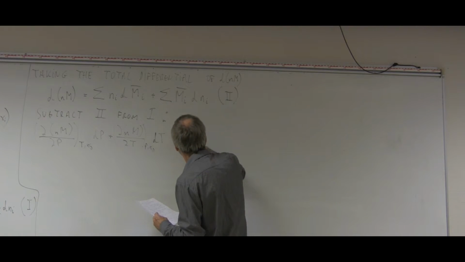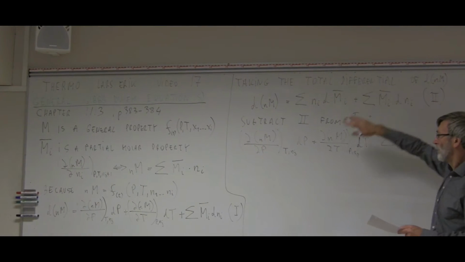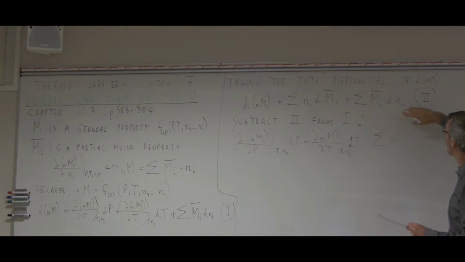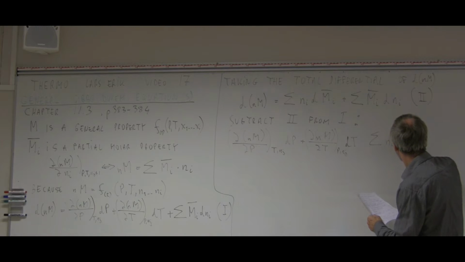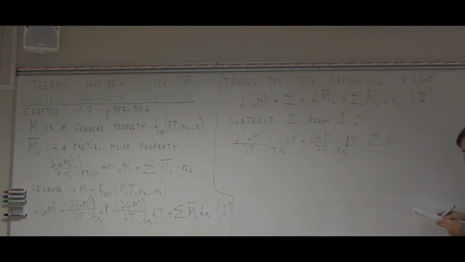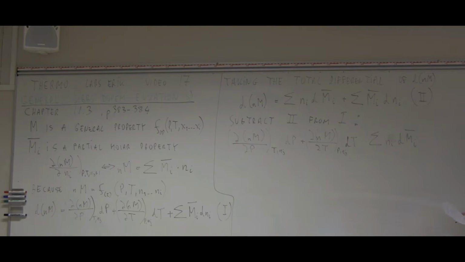And because we have the total sum here, and then we divide it, we end up with the sum of the amount times the change in the partial molar property for each component. These parts of the equation shall be 0.